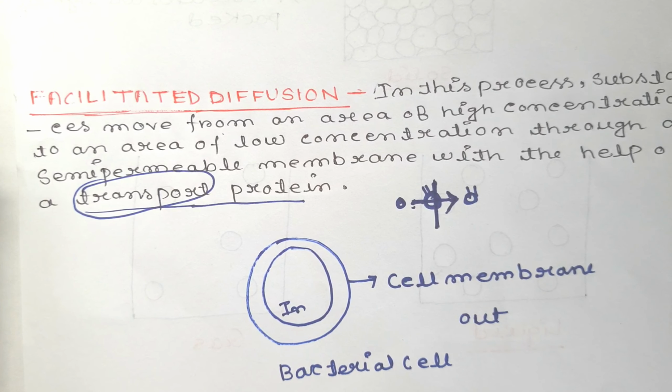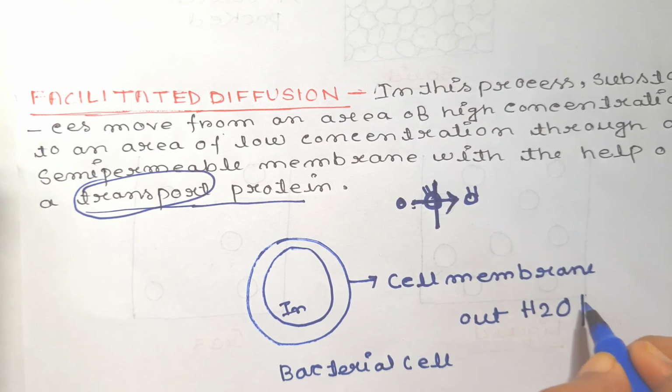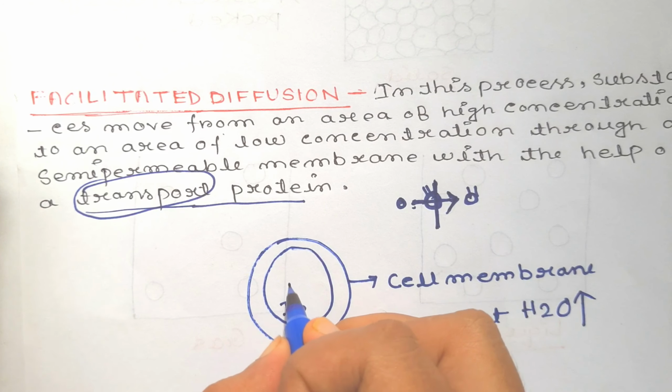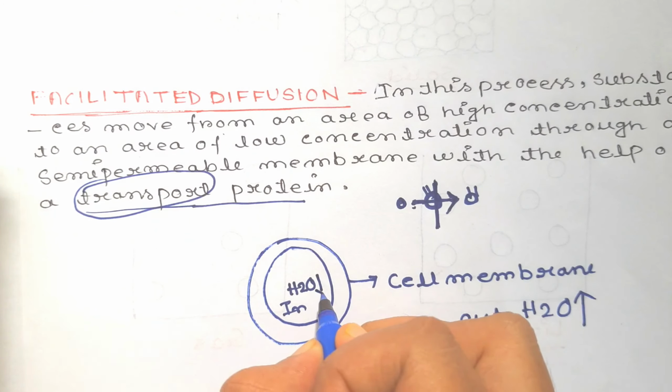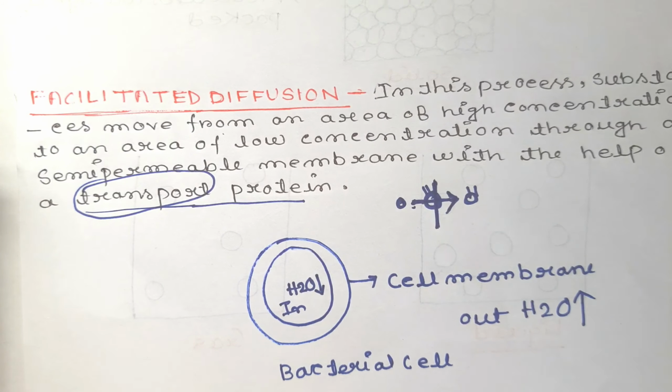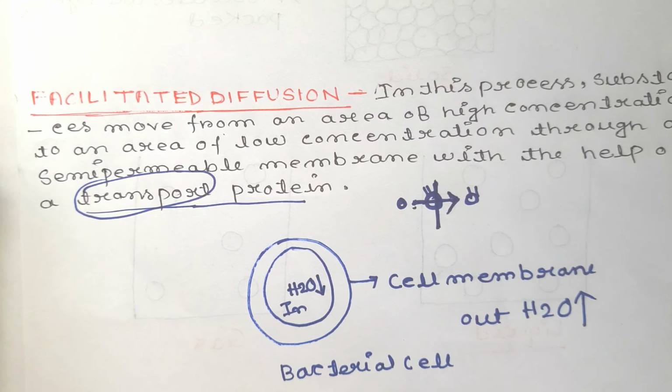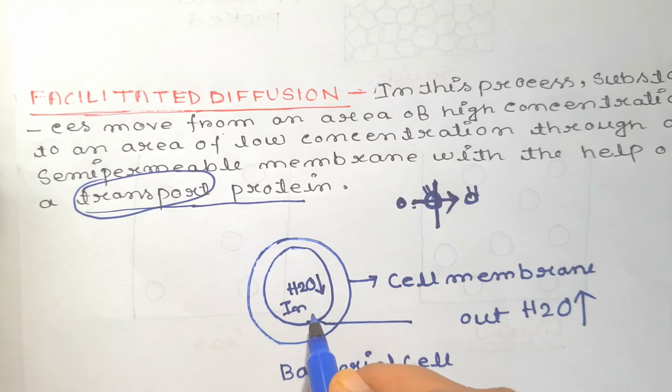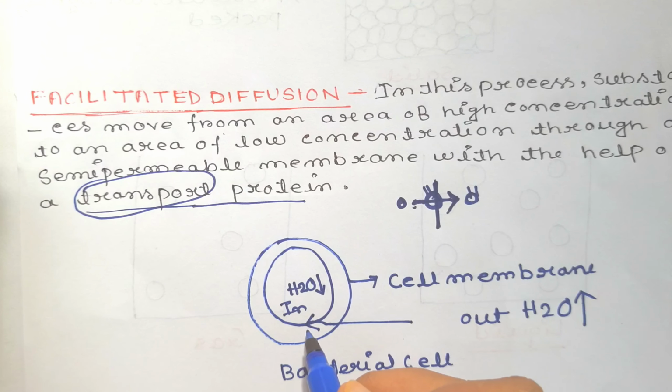Okay, now think of a situation where the water concentration is high on the outside, and on the inside the water concentration is low. So as a basic rule of diffusion, water tends to move from here to here, that means from high concentration to low concentration.